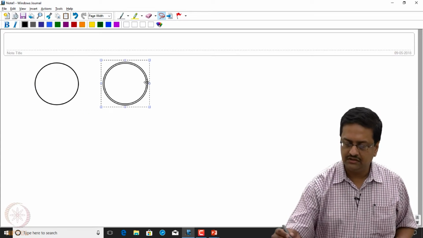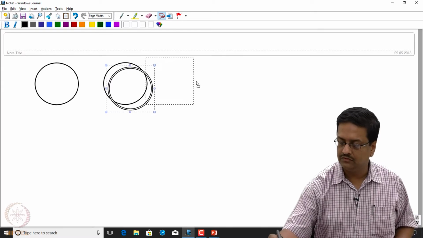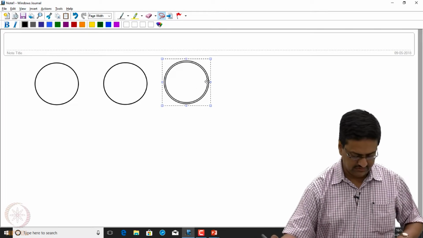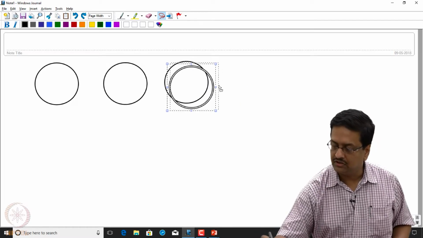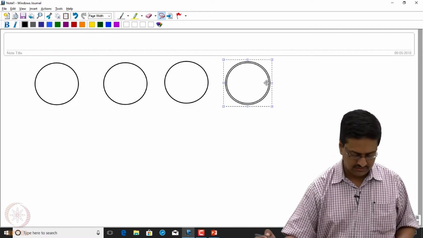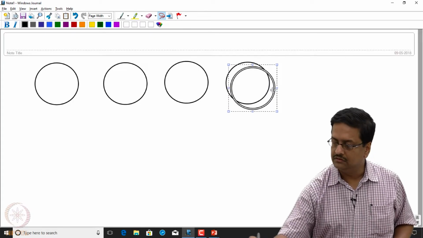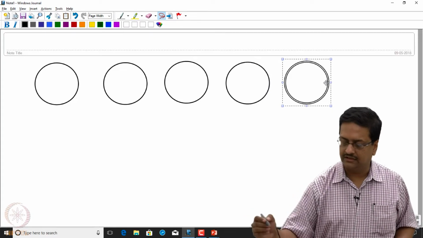Since we will be needing this circle a few times now, I am just making those circles available for us to draw these projections one after another.